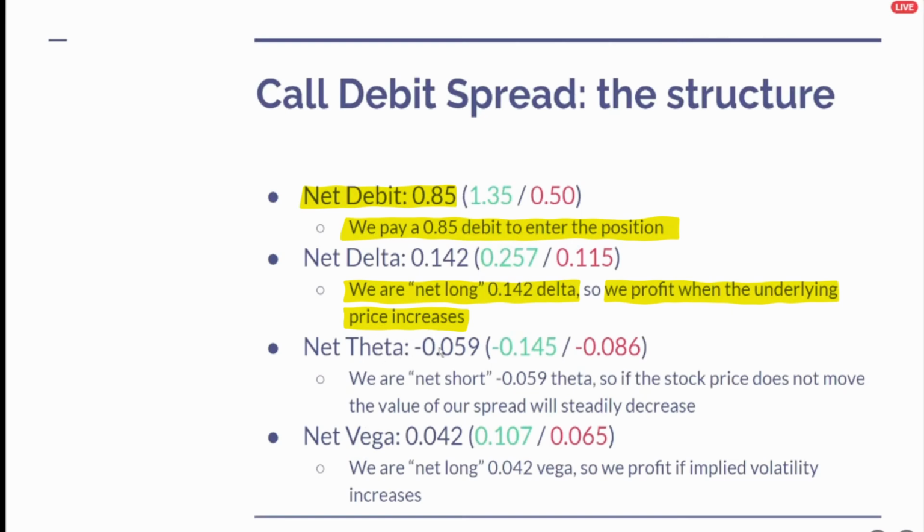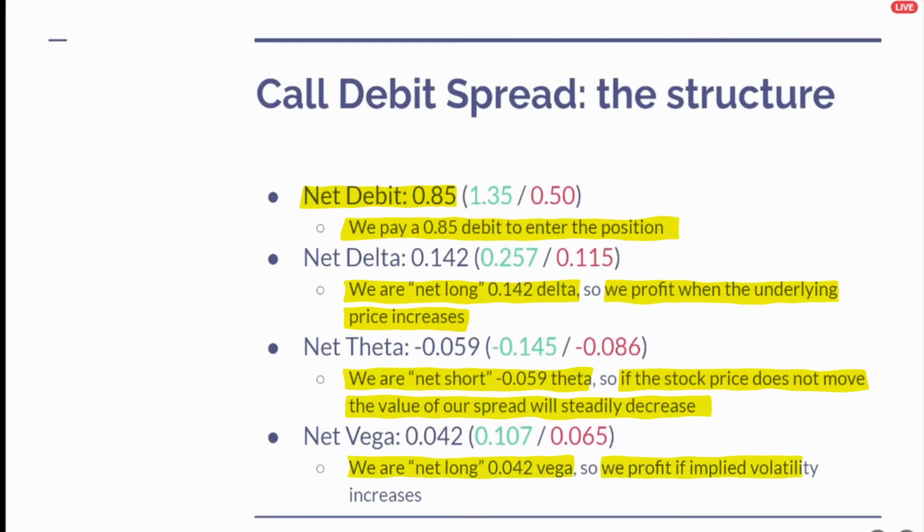You have a negative theta, which means that as time goes on, if there's no change anywhere in the price of the underlying or the volatility of the underlying, then the value of this position will drift towards zero as time marches on, and you are net long vega.